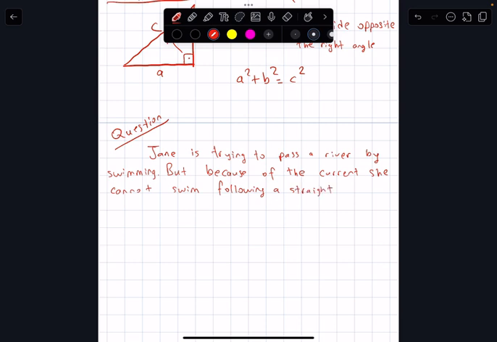So she's a little bit deviating from her course, and ends up moving towards the right.